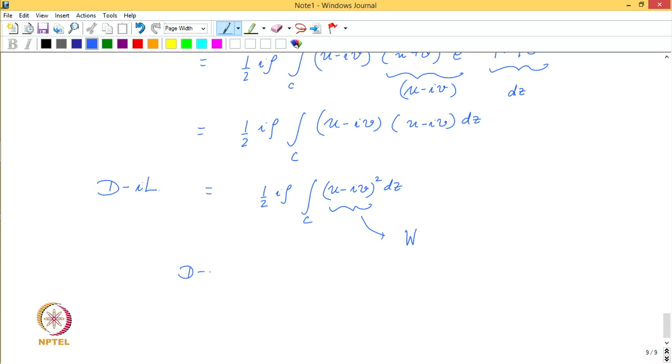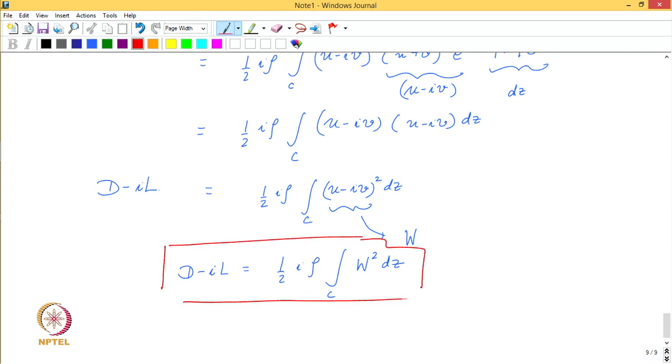So, D minus iL, or the force on this solid, would be given by the integral of W square, the square of the complex velocity over the surface C, into half iota rho, and this is a very fundamental theorem that we derived, which, as I said, is called the Blasius theorem. Some books may actually call this the first Blasius theorem.